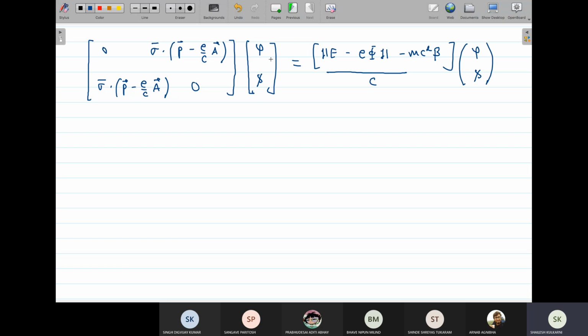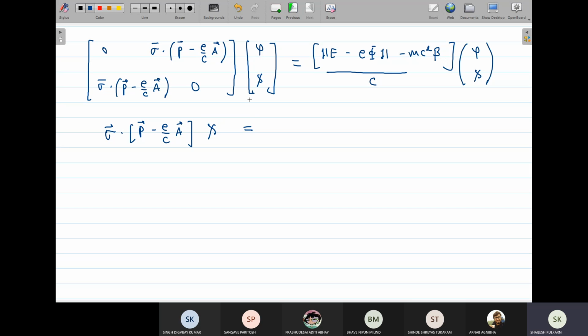This is the equation for the four-component spinor. You can now matrix multiply and write this as sigma dot P minus e by c A acting on chi equal to, this is identity, so the upper block in beta will be identity and the lower diagonal block in beta will be minus identity.